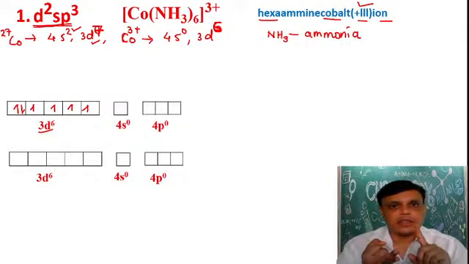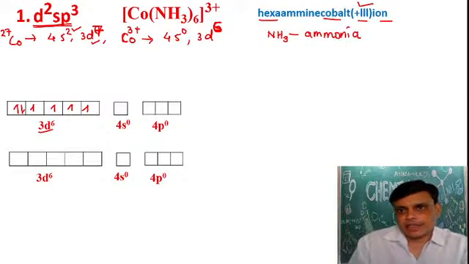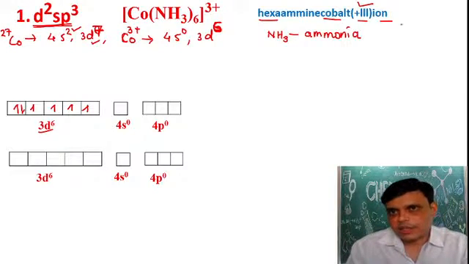Now here, if ammonia ligand is there and cobalt in 3 plus oxidation state, then this ammonia ligand is acting as a strong ligand in presence of cobalt 3 plus ion.